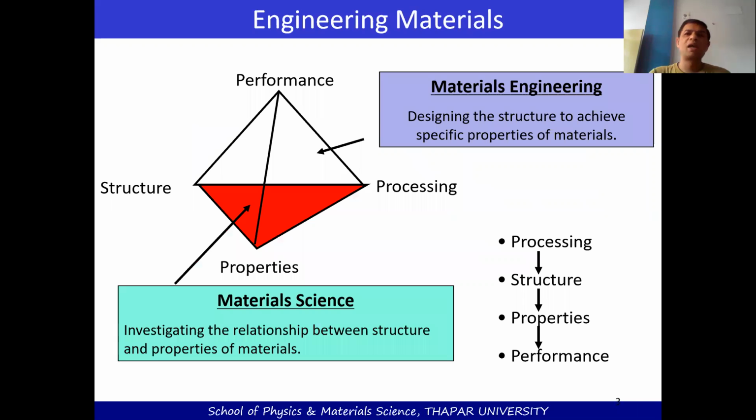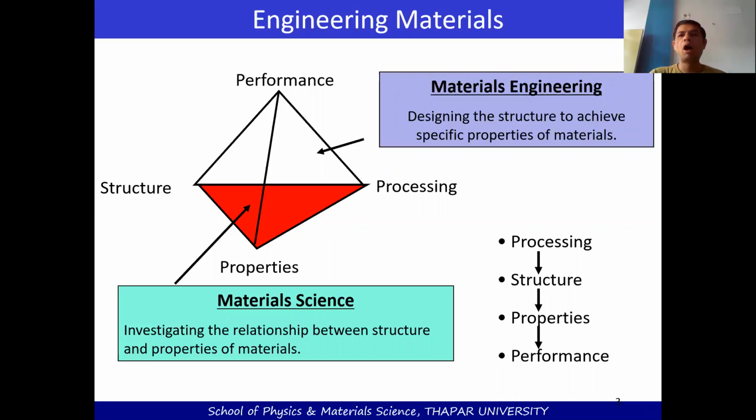In this slide, I am going to define two terms, materials engineering and materials science. You will frequently hear these two terms. So at this point in time, you should be able to understand the difference between the two. Materials science is basically a subclass of science in which an engineer investigates the relationship between structure and properties.